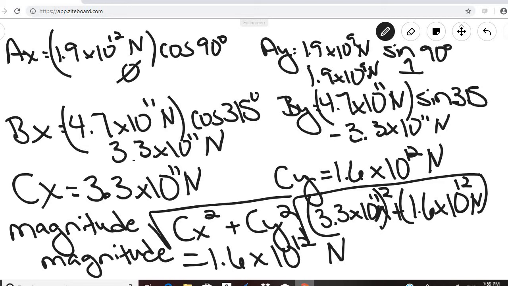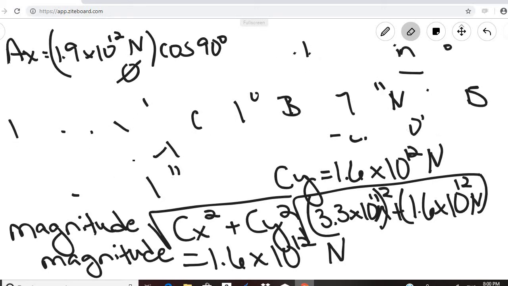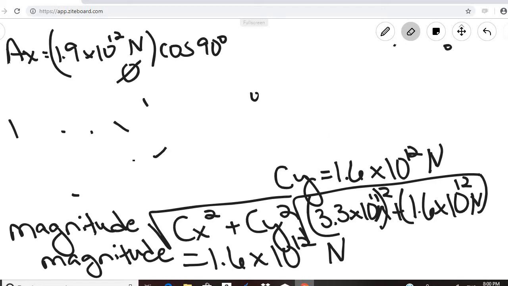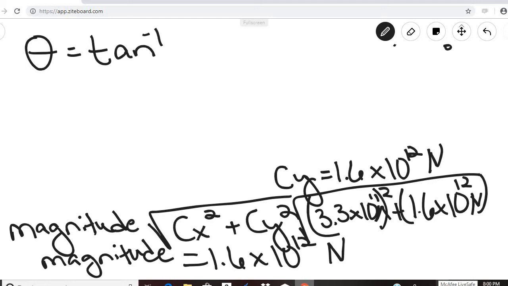Then we have to figure out the angle. You might remember that the angle theta is equal to the inverse tangent of C to the y over C to the x.